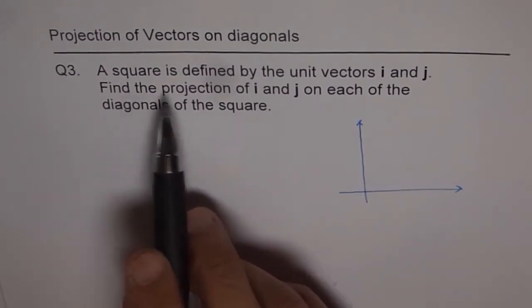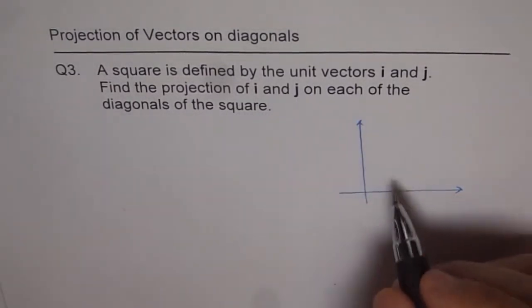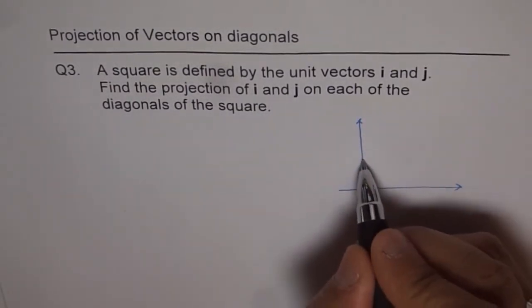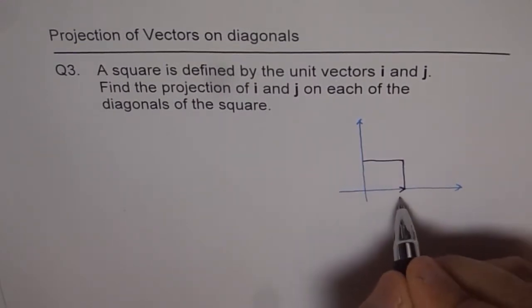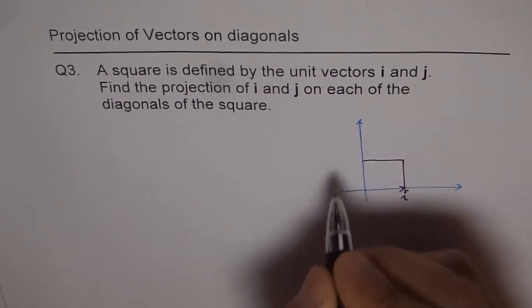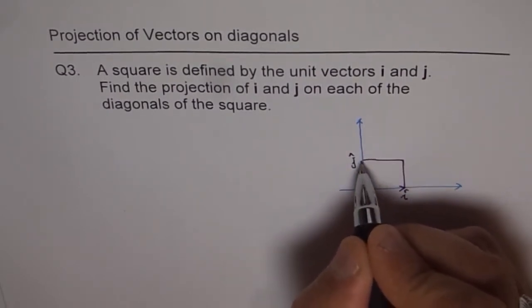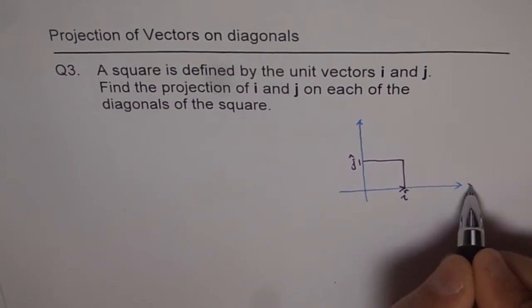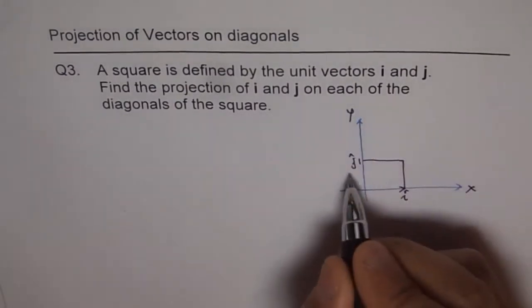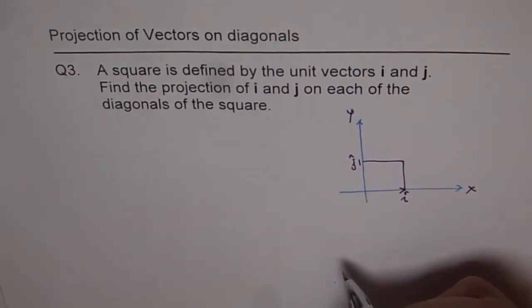So when we say a square is defined by unit vectors i and j, we're trying to say that this is my unit vector i and that is j. That means the magnitude is 1 here and the direction is of course along x and y. So that is the square which I have here.